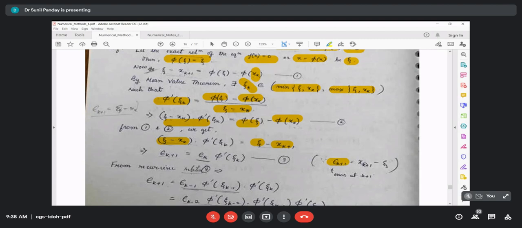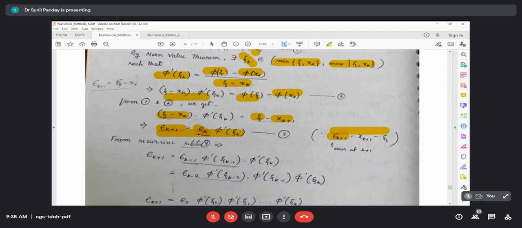So the error at the k+1th step is epsilon_{k+1}, and the error at the kth step is epsilon_k, where epsilon_k is xi minus x_k. We have interchanged the left hand side and right hand side, and simultaneously rewritten x_k minus xi as the error in terms of epsilon_k. So we have this one.